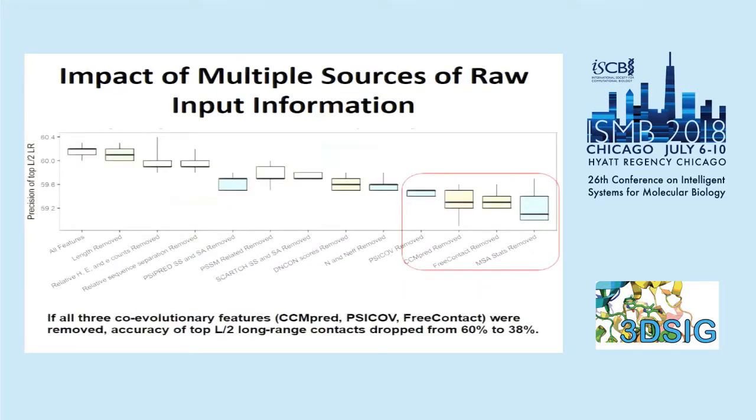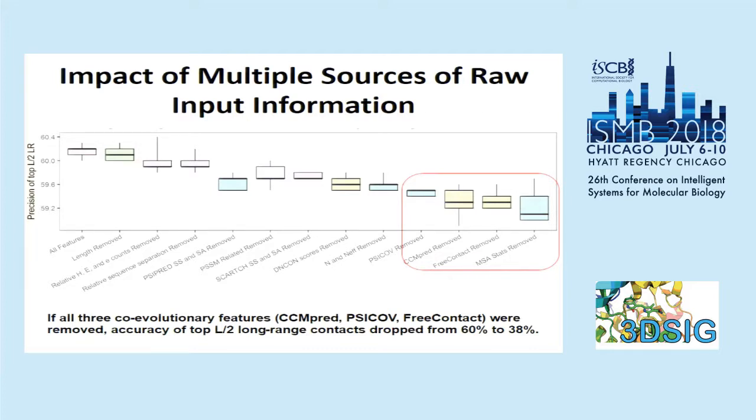The second thing we did is we try to see the impact of different features on the L divided by 2 long-range contacts. The first is if you use all the features, the accuracy is about 62%. Then we remove each feature separately to see how the accuracy decreases. So you see, you remove different features, accuracy decreases, secondary structure, and so on.